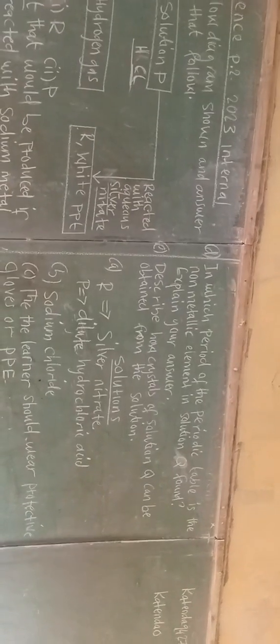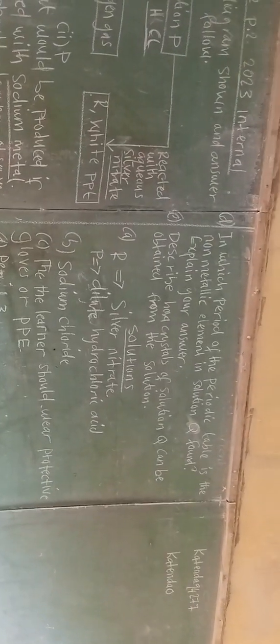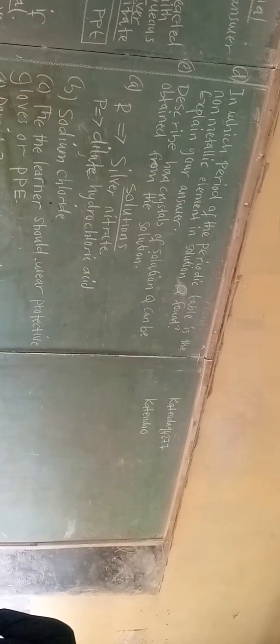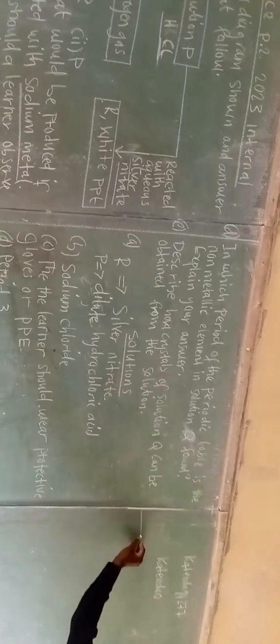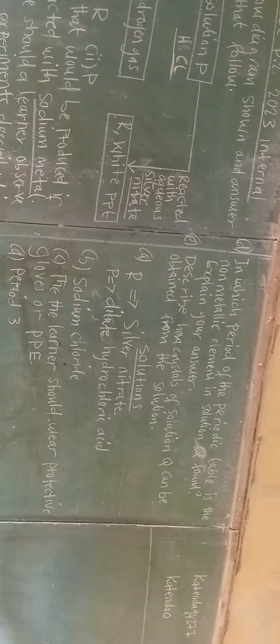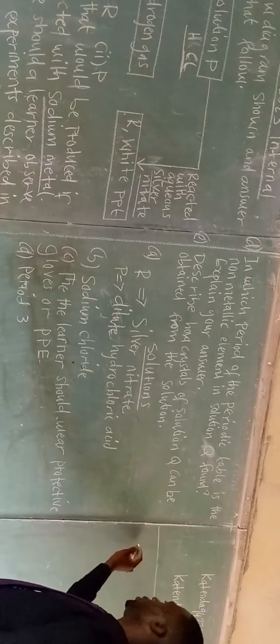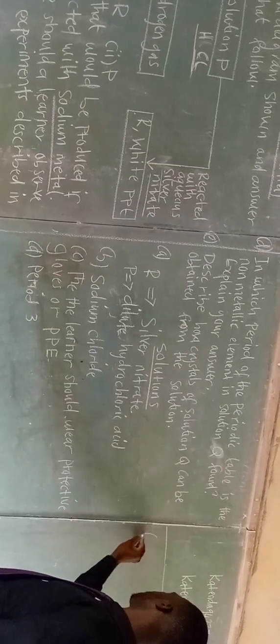Then the source of heat should be removed and the solution allowed to cool, maybe overnight. When the solution cools, the crystals will be formed. So that is how the crystals of zinc chloride can be prepared. I'll write the answers here. So that is E.